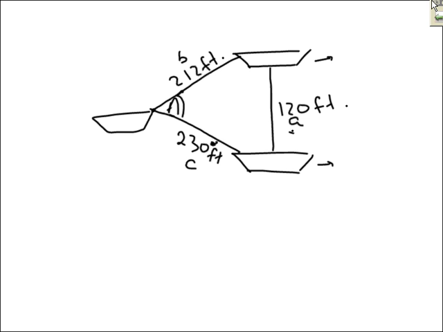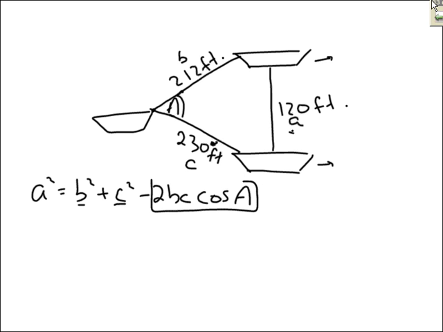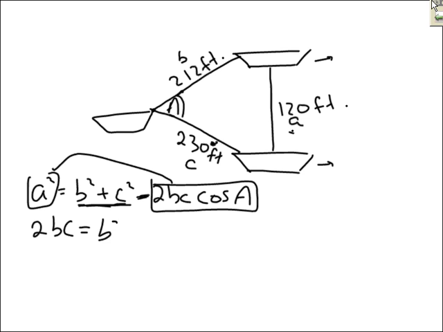We want to find big A. So start off with a squared equals b squared plus c squared minus 2bc cosine big A. Swap this with this. So 2bc cosine A, because it's negative, I bring it over, it becomes positive, to the other side, is equal to b squared plus c squared, and bring the understood plus a squared over, it becomes minus a squared.